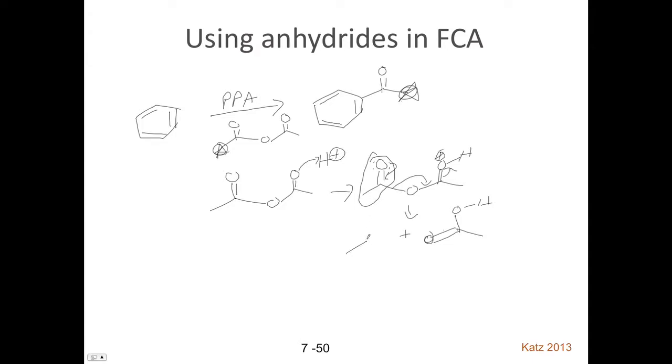And I'm not going to draw this sp hybridized carbon as a bent thing. Okay, so there's that. So this is your acylium ion that we talked about, I believe, on Thursday. And here's your acetic acid byproduct.